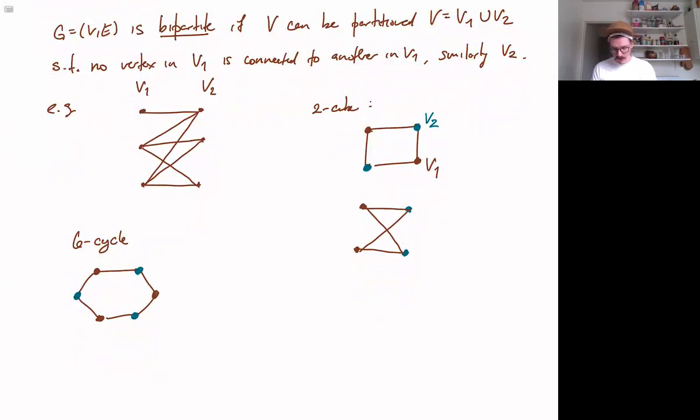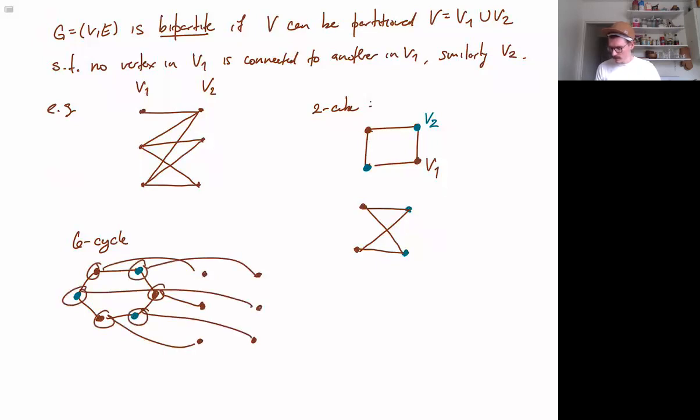And what do we get if we draw it in the bipartite style? Well, we have 3 vertices in each set. And let's say that we are keeping them in sort of vertical order. So these correspond like this, and these correspond like this.